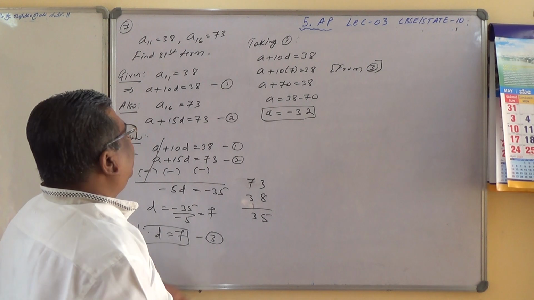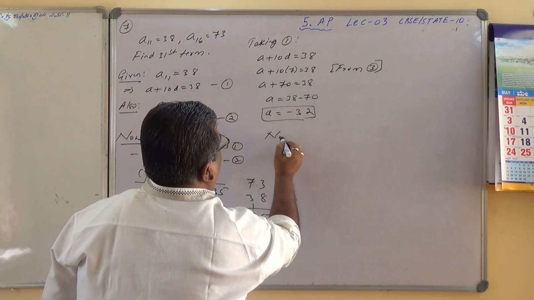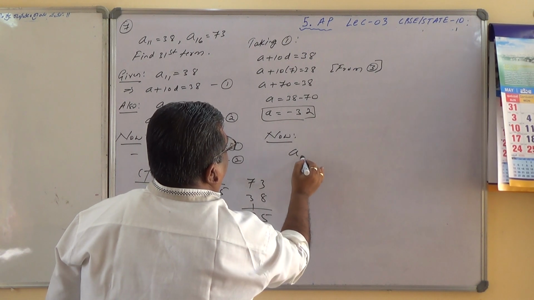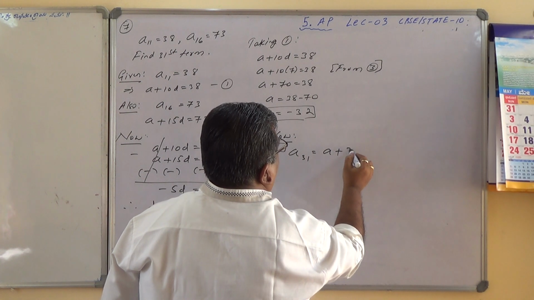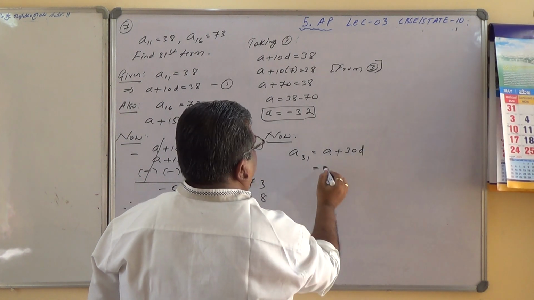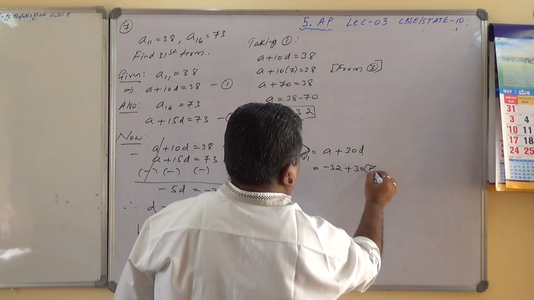So let me check this one and then I'll proceed. 31st term is equal to A31 equals A plus 30D. A is minus 32 plus 30 times D, which is 7.